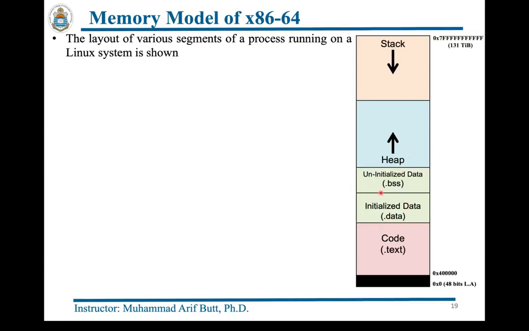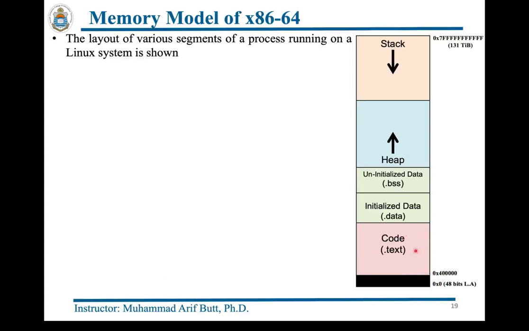here is the logical address space of a process running on a Linux-based machine. The memory layout for our process is divided over here into four main logical sections. First of all, the code or the text section that starts from address 0x400000, not from exactly 0.